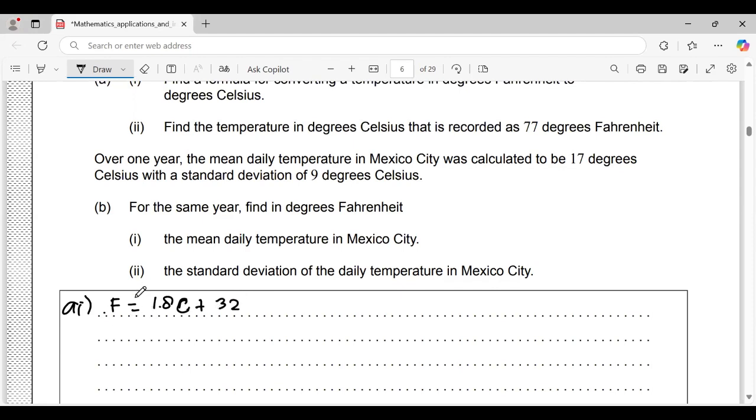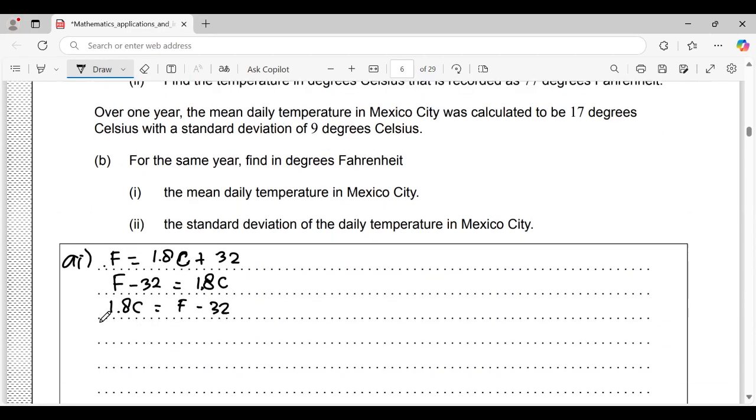So we have to convert from Fahrenheit to Celsius. So F minus 32 equals 1.8C, or 1.8C equals F minus 32. If C is the subject, this formula becomes C equals F minus 32 over 1.8.